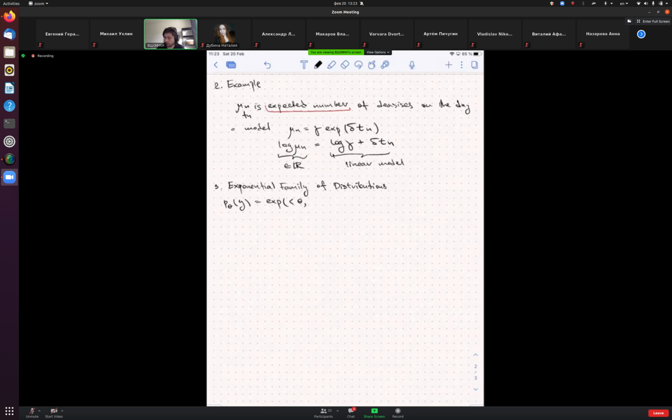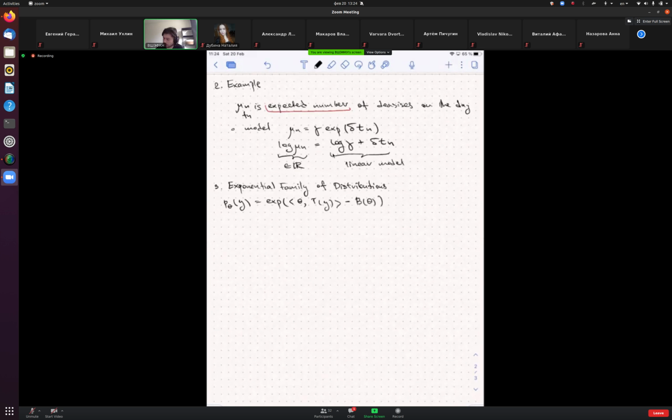So let it be the exponential of the inner product of the parameters theta and some sufficient statistic of y, and then minus b, because we need to normalize, since any density function should integrate to 1.